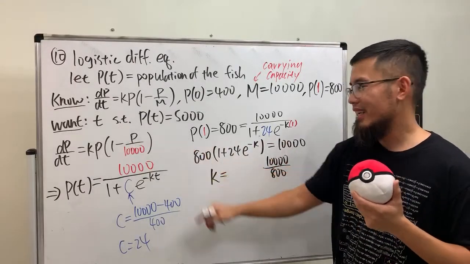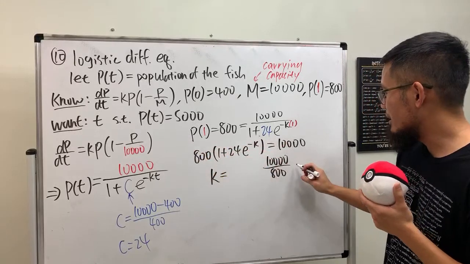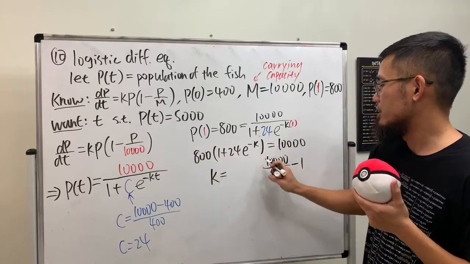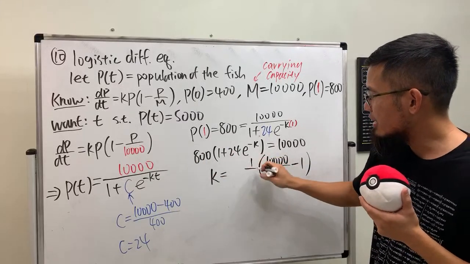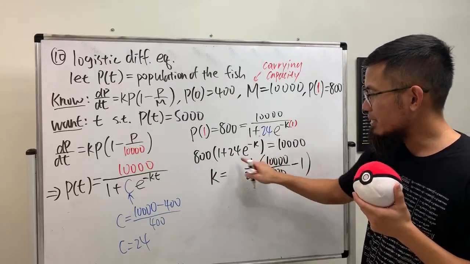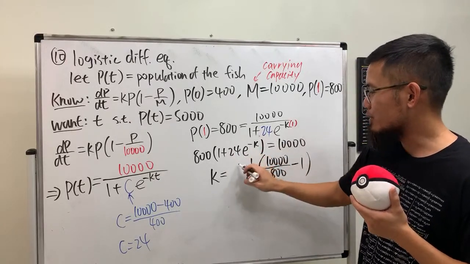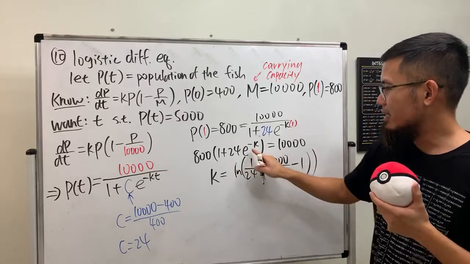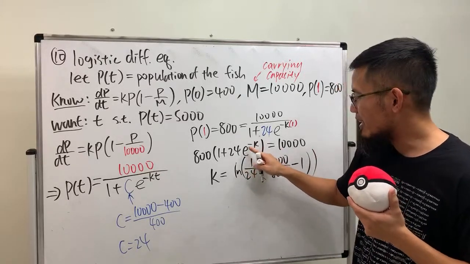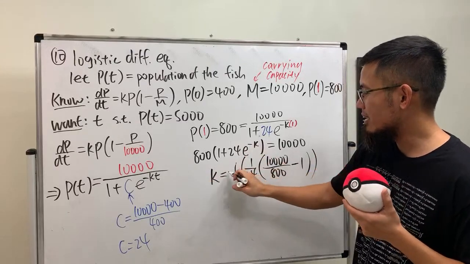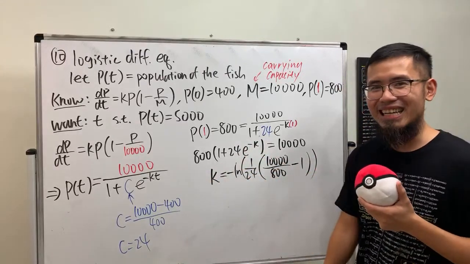So this is out. But you still have to minus the 1 on both sides. So this is out. And then you have to get rid of this, so we will put this in the parentheses and then divide it by 24, right? So this is out. And then we have to get rid of the e, which we do natural log. So natural log of this guy. Now this is out. In the end, you get negative k, but we don't care about negative k, so multiply negative on both sides. So this is what we have, just like that.